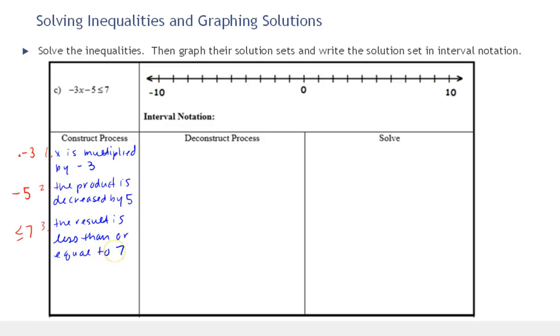So we want to start with 7, and instead of decreasing by 5, we're going to increase by 5. So 7 is increased by 5. Now we had multiplied by -3, so we're going to divide by -3.